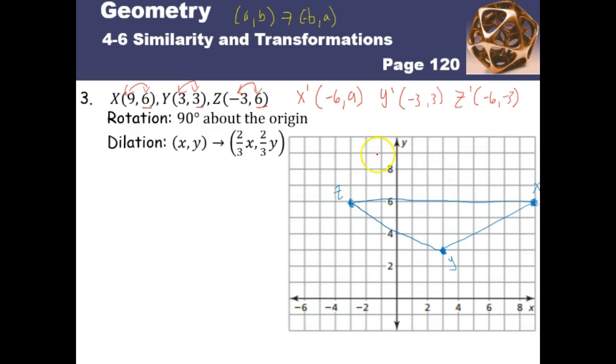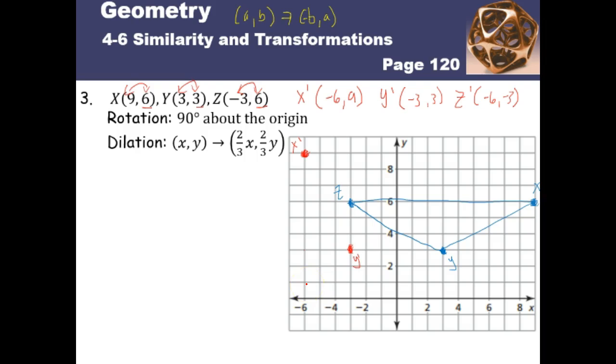Okay, so let's plot that. So negative 6, 9 is right here. And that is x prime. And then y prime is negative 3, 3. So negative 3, 3 is y prime. And z is negative 6, negative 3. Uh-oh.